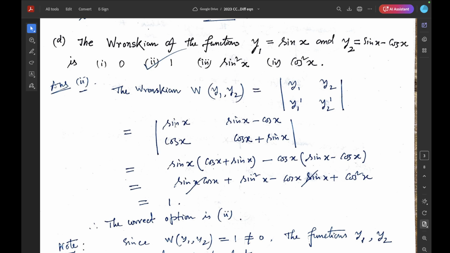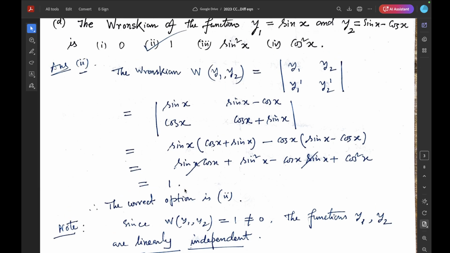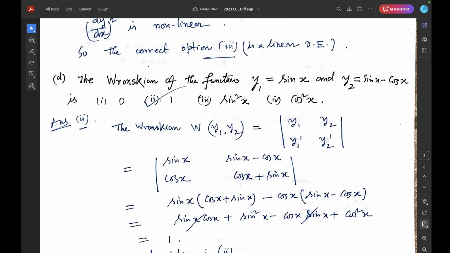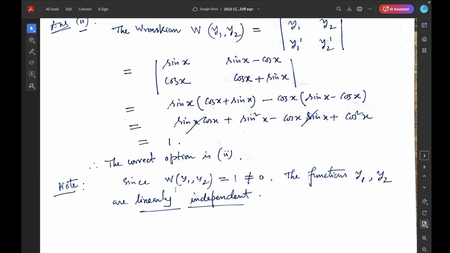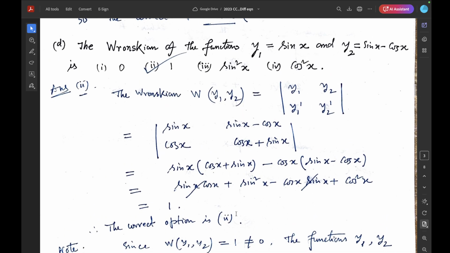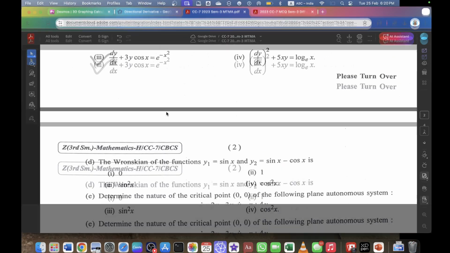Here y1 is sin x, y2 is sin x - cos x, the derivative of y1 is cos x and the derivative of y2 is cos x + sin x. After simplifying, we get this equal to 1. So the correct option is 2, this 1. Note that since the Wronskian is not equal to 0, the functions y1 and y2 are linearly independent. So here the correct option is 2.